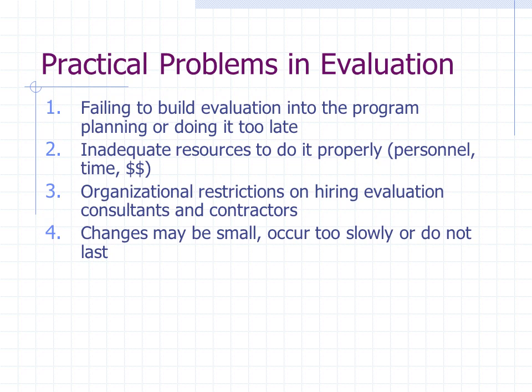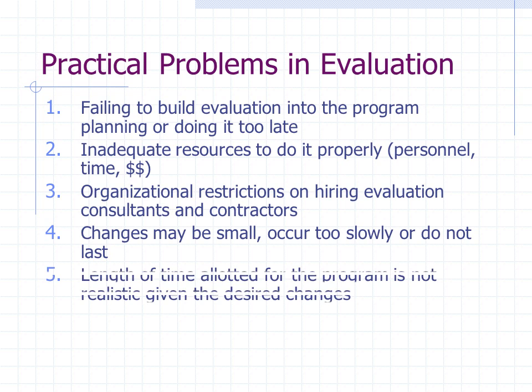It also takes a long time. So again, if you've got a 3-year program or a 5-year program, you may not see the changes happening in the entire population within that period of time. This is related to that, but the length of time allotted for the program is not realistic given the desired changes.